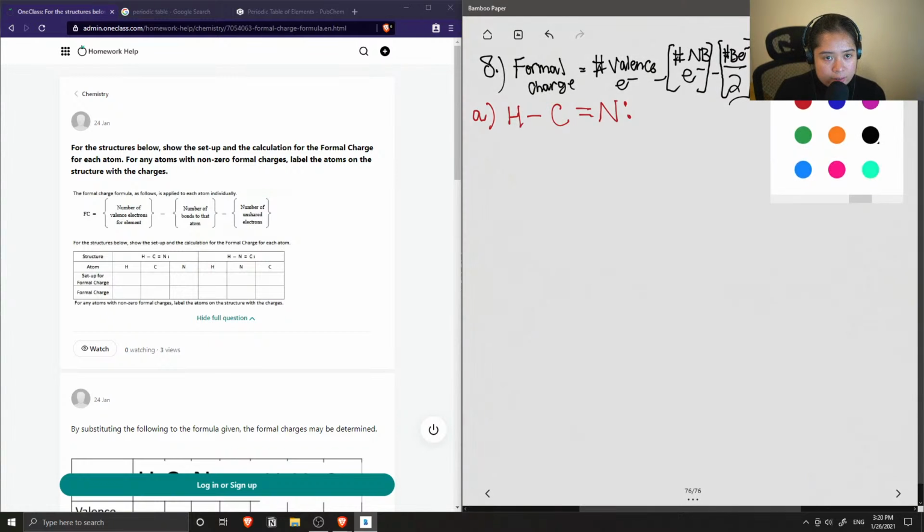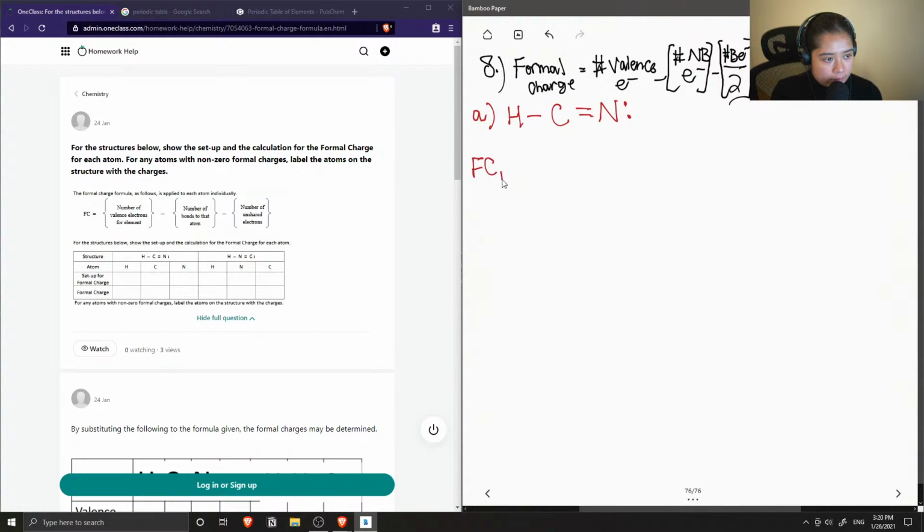Okay, so now let's do it for our first structure and calculate the formal charge of our hydrogen. So if we look at the hydrogen atom, hydrogen has 1 valence electron, and there are no lone pairs on this hydrogen, so the number of non-bonding electrons is equal to 0.